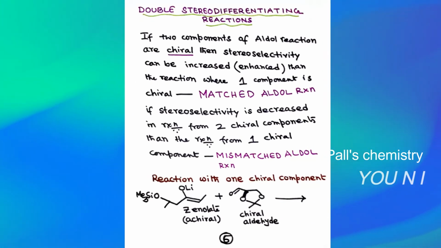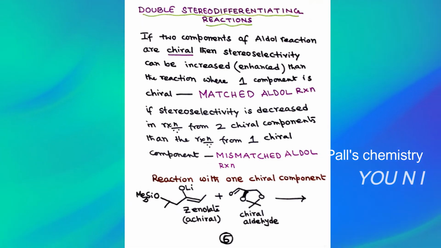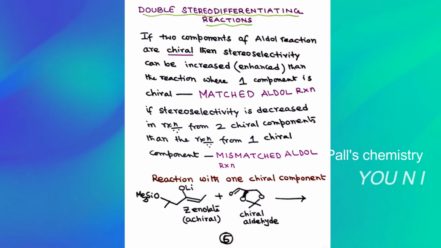Now let us go to another variation in crossed aldol condensation. If we take the two components of the aldol reaction, means the enolate and the carbonyl compound, if both are chiral, then the stereoselectivity can be increased compared to the reaction where only one component is chiral.